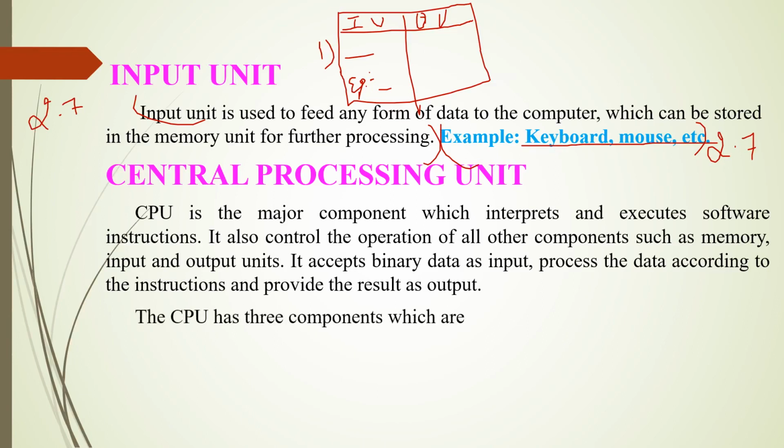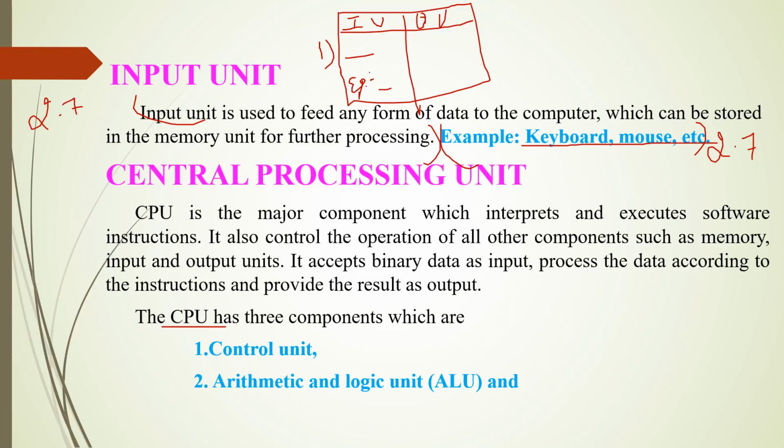In this central processing unit, we have 3 components. The CPU has how many components? 3 components. Listen carefully. The first one is the control unit. It will control all things in the computer. The second one is the ALU, which means arithmetic and logical unit.